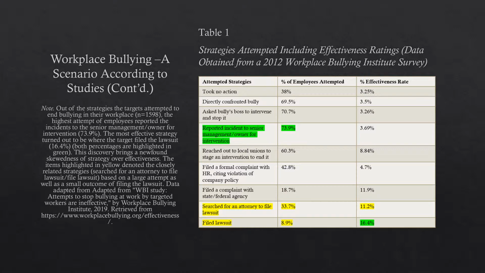And the effectiveness rate for searching for an attorney to file a lawsuit was next in ranking to the employees actually filing the lawsuit. And I found out too that within this discovery, it brings a newfound skewness of strategy over the effectiveness.